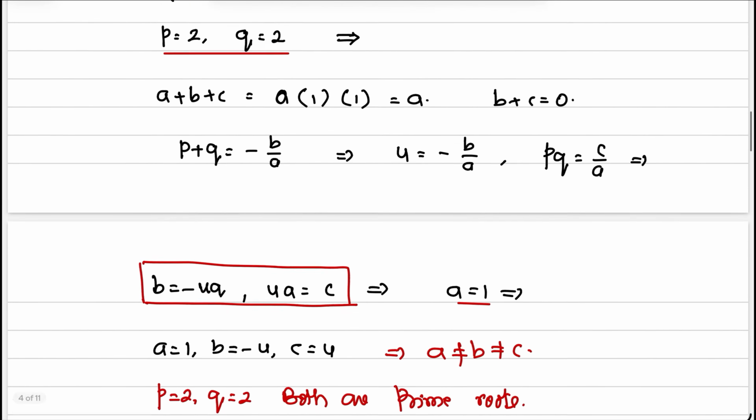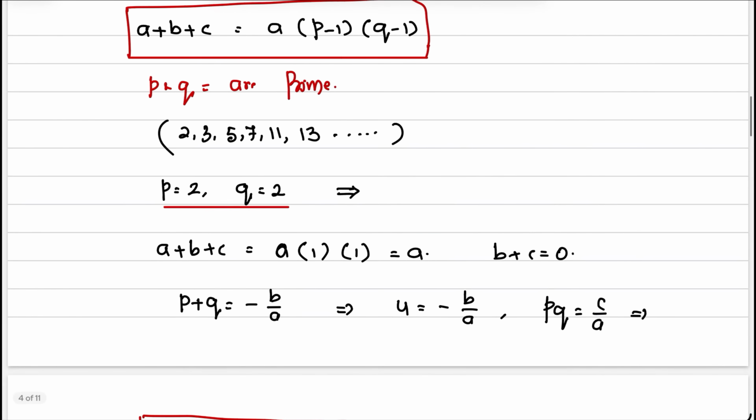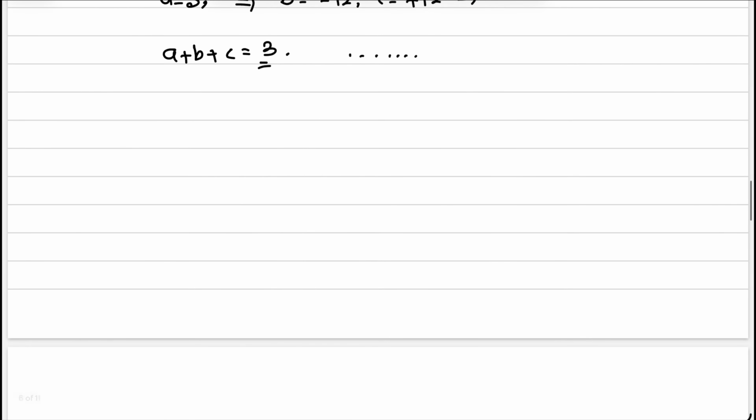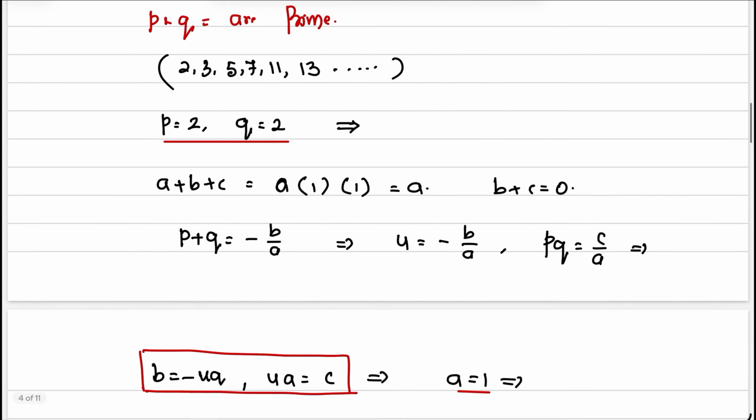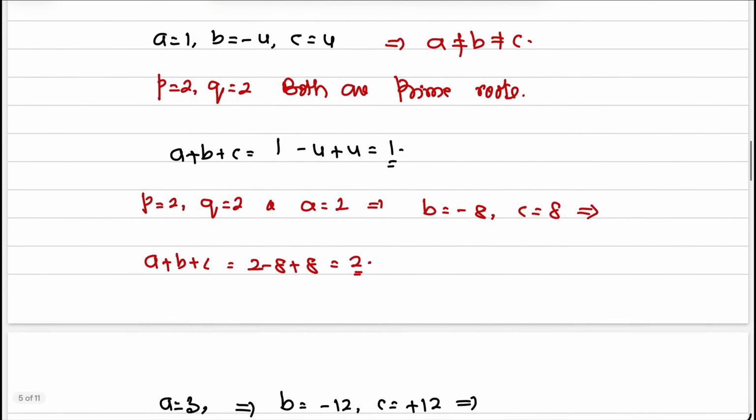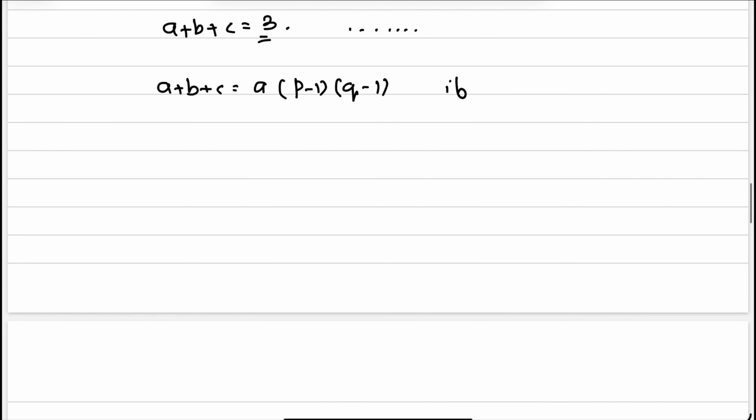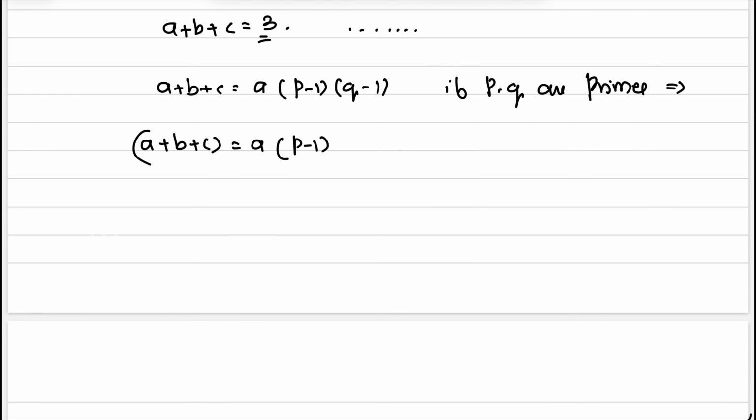These values will go on infinitely as long as A plus B plus C is equal to A into P minus 1 into Q minus 1 is satisfied, and P and Q are primes. It goes up to infinity.